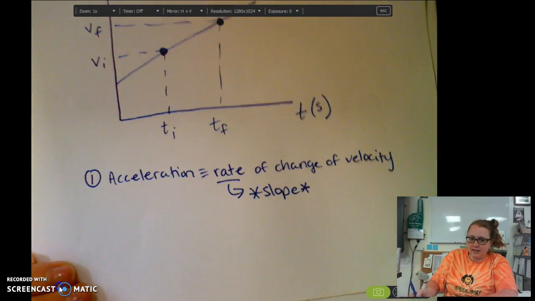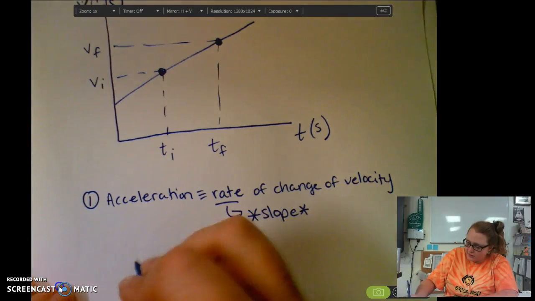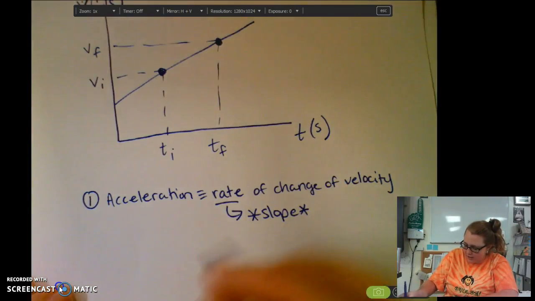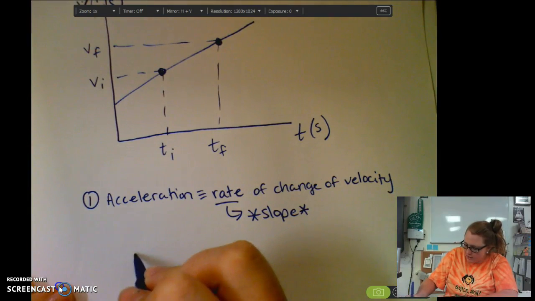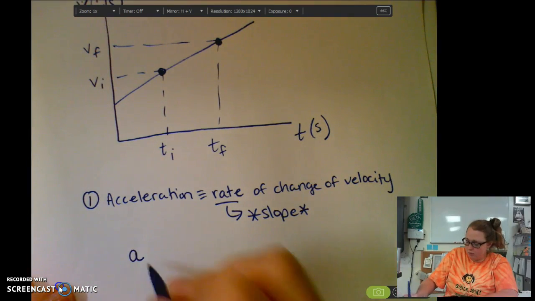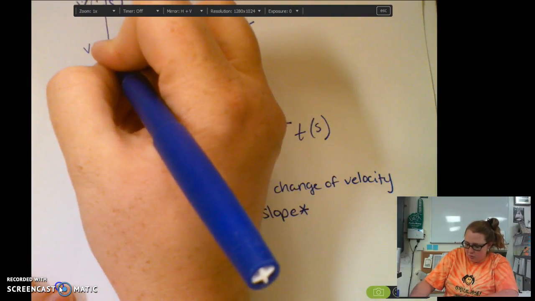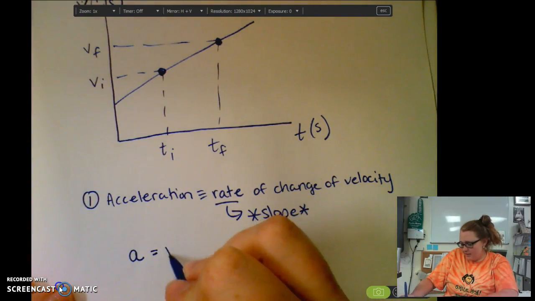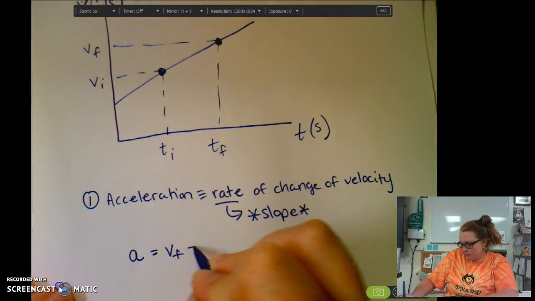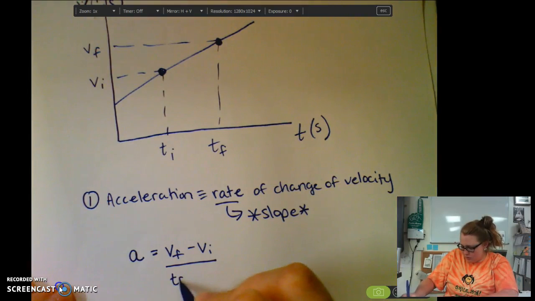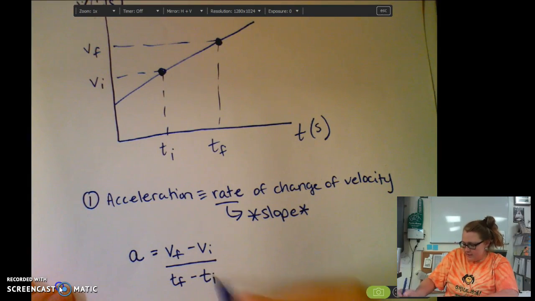So if I wanted to calculate the slope of this graph, well, we know y2 minus y1 over x2 minus x1. So here we're going to say, well, acceleration being our slope is going to be whatever's on our y-axis. So y2, vf minus vi, that's y2 minus y1, over x2, which would correspond to tf, minus ti.